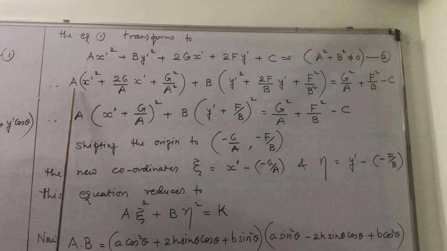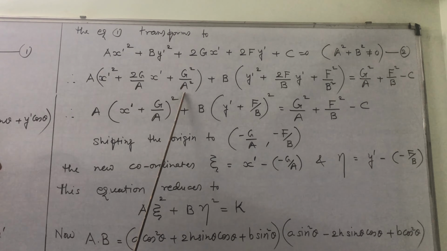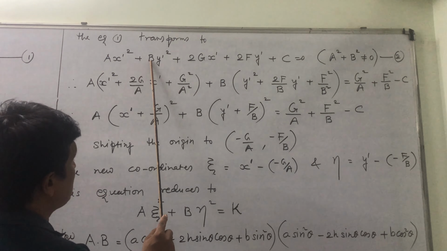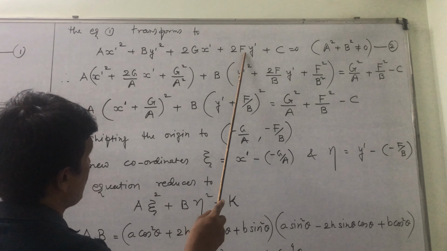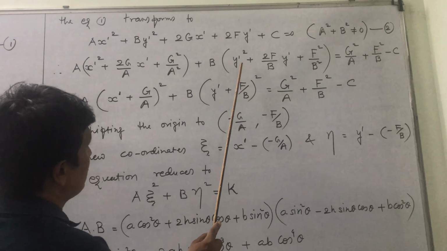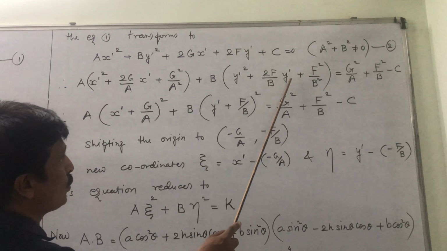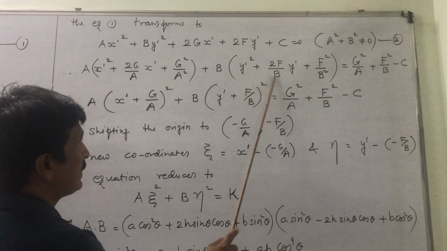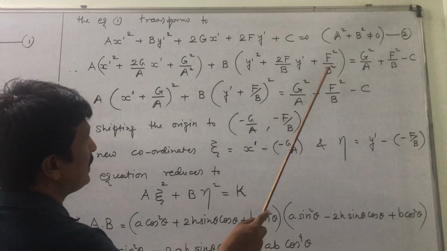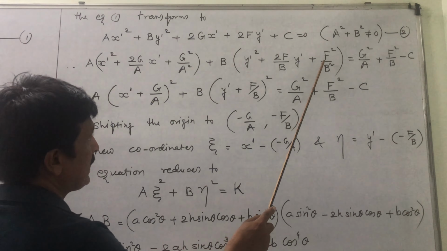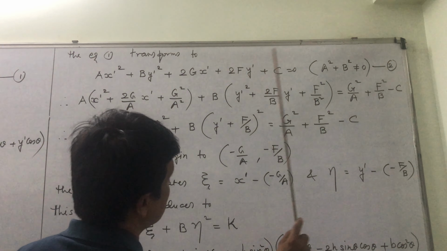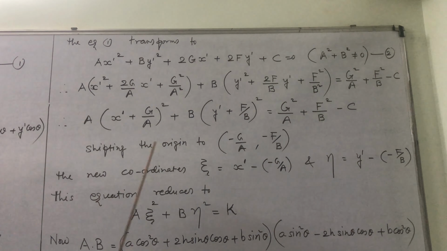So ultimately we have added a into this, that is g square by a, so we will add this to the other side also. And from the term b y dash square plus 2f y dash, taking b common: b, y dash square plus 2f by b into y dash plus f square by b square, we have added this term to make the perfect square. So b into this extra term, that is f square by b, we have added to this side also, f square by b, and c is this side, so minus c.